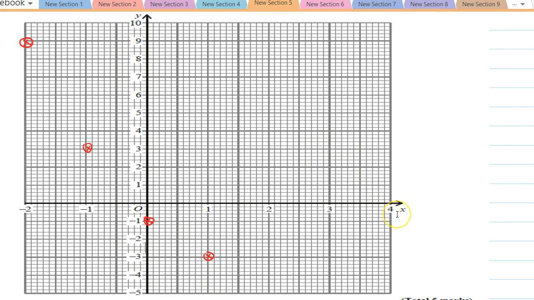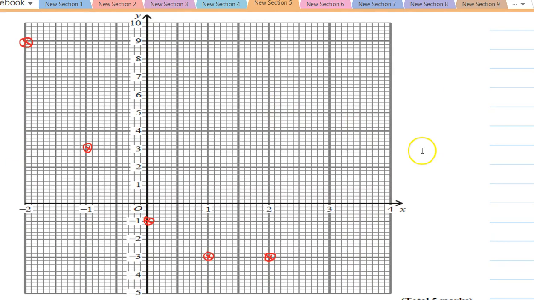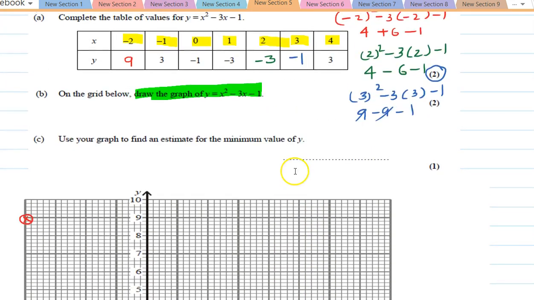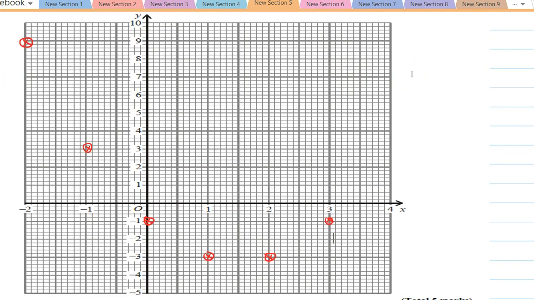So it is 2 and minus 3, and the next value is 3 and minus 1. So this is 3 and minus 1, and the last value, if you see here, is 4 and 3. So let's put 4 and 3.